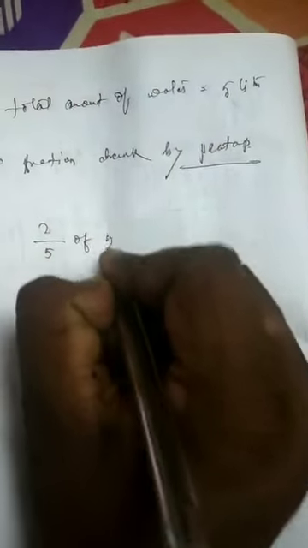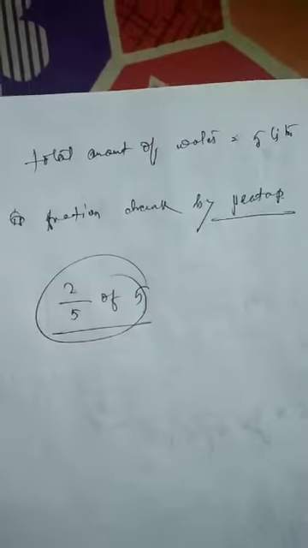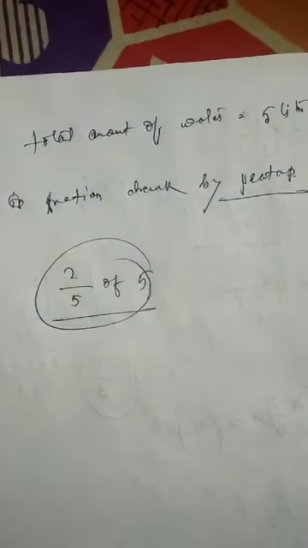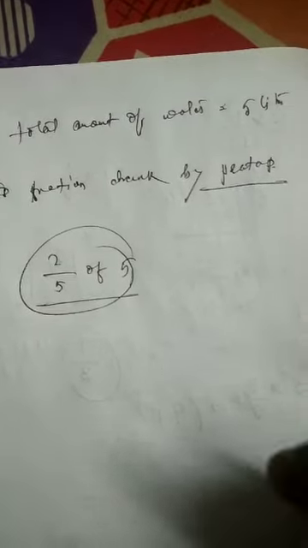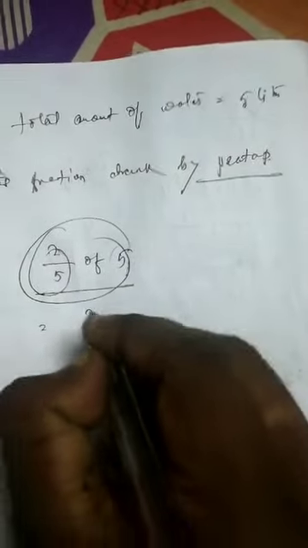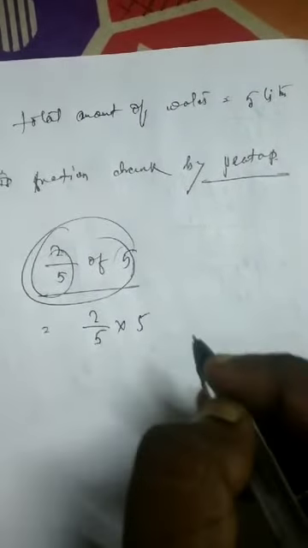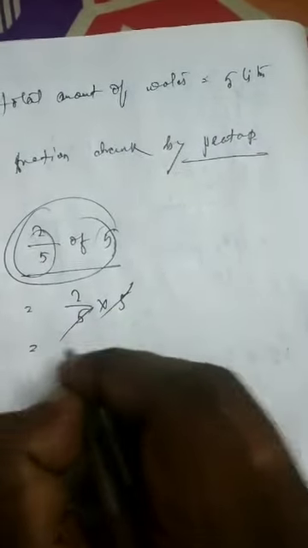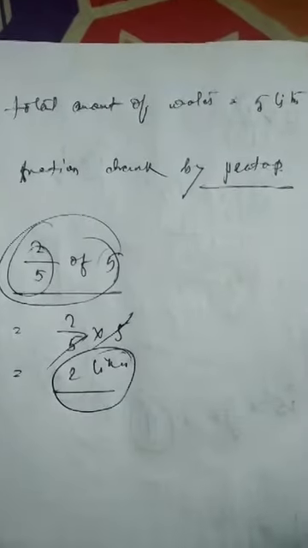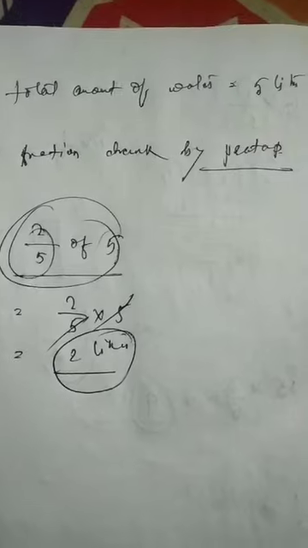So that is 2 by 5 of 5 liter, of course, because out of 5 liters of water, Pratap drank 2 by 5. So how much he actually drank? If I find 2 by 5 of 5, means 2 by 5 into 5, cancel, 2 liters. So out of 5 liters of water, Pratap drank 2 liters of water.